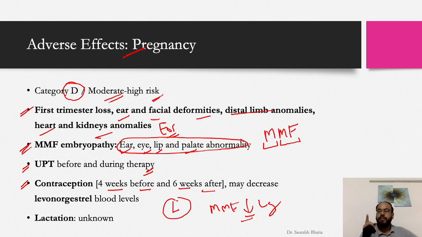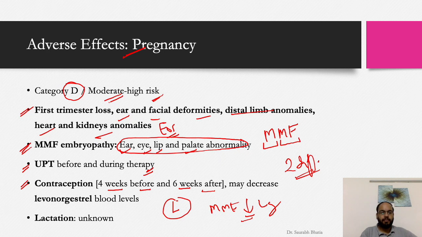So it's always advisable either to switch from levonorgestrel to non-levonorgestrel containing OCPs. Additionally, use two different types of contraceptions. So two different types of contraceptions have to be used for 4 weeks before till 6 weeks after the duration of therapy by MMF.